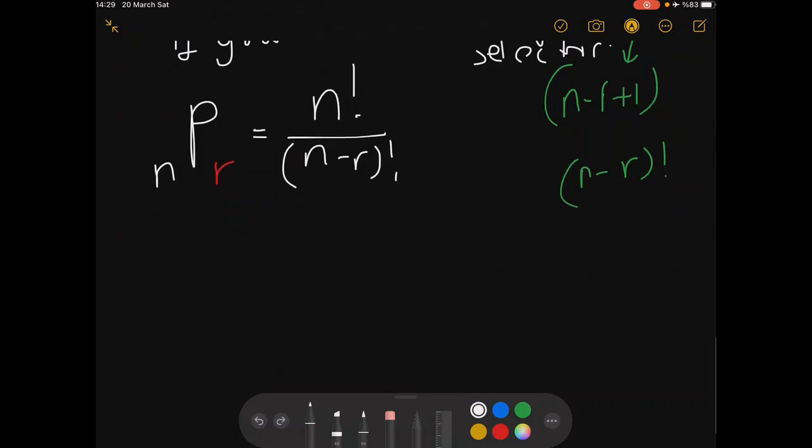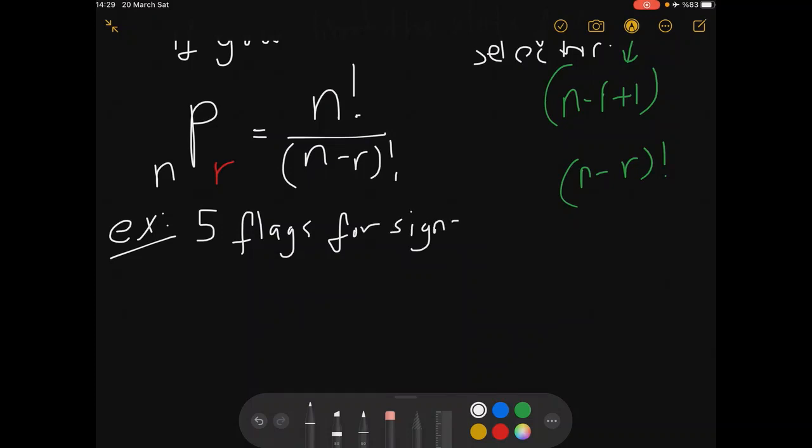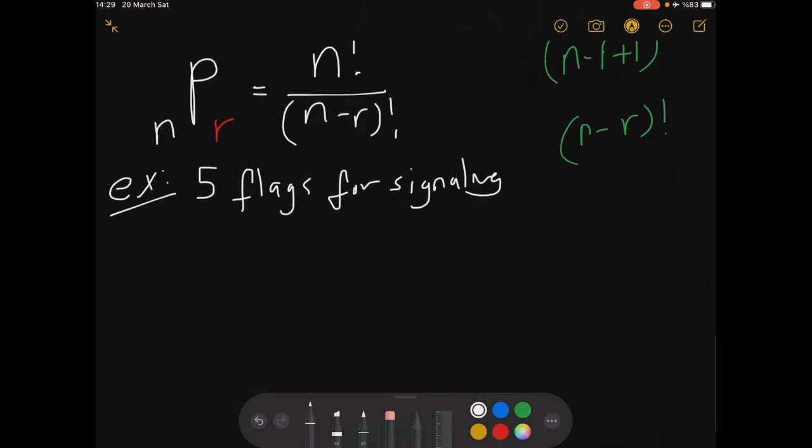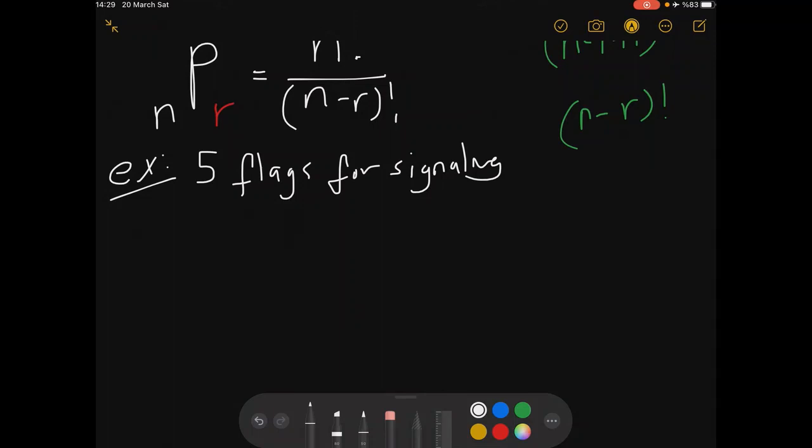Let's just try to clarify this with an example. You use 5 flags for signaling, for example. Suppose that a person who works at an airport is giving signals using some flags, just raising different colors. So how many orderings you can have here?